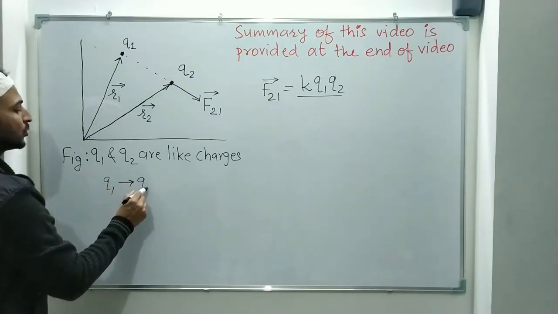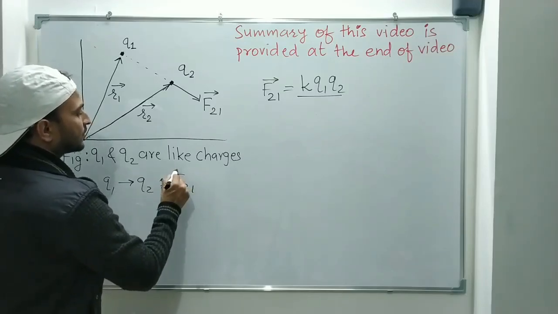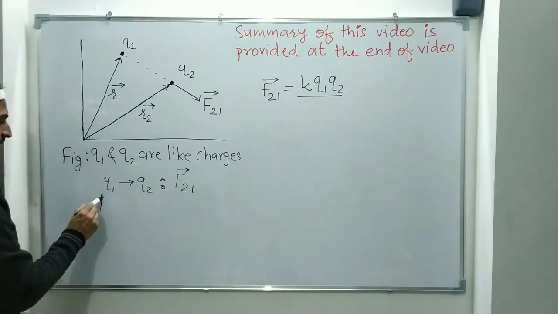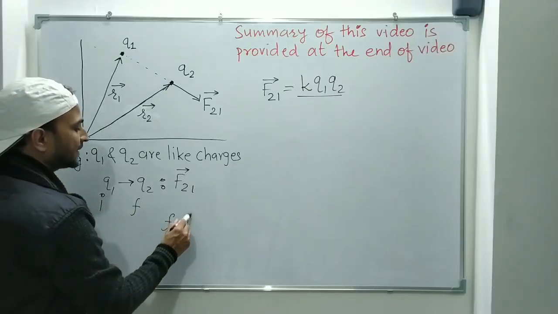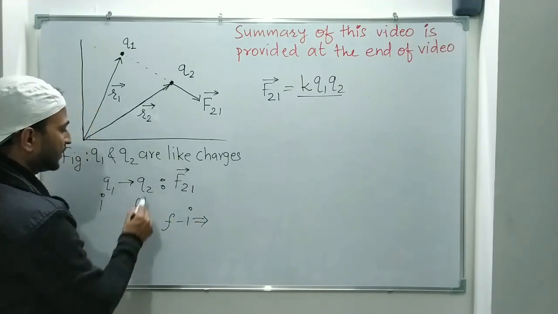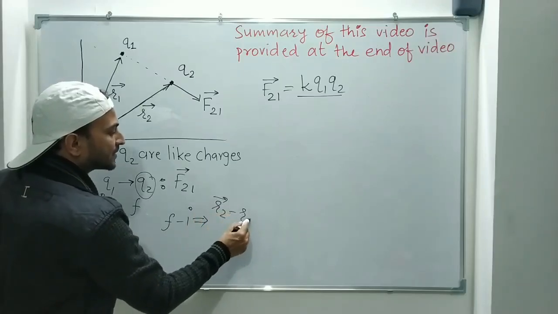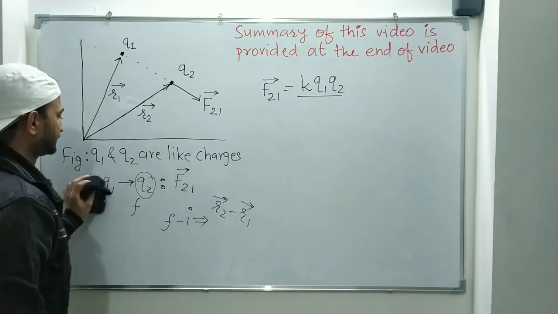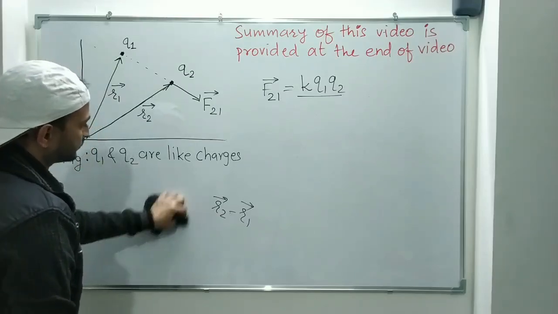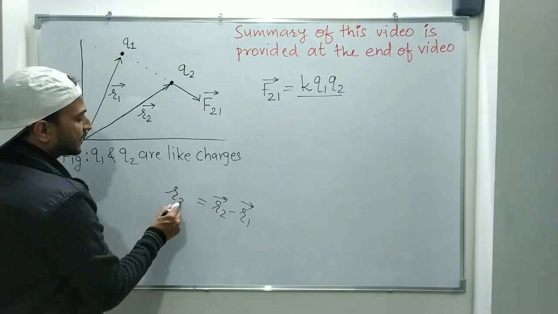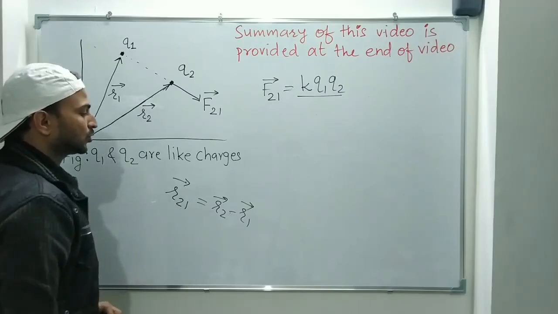Q1 to Q2 is the direction of the force on 2 because of 1. So this is initial and this is final. So final minus initial will be, this is final, R2 minus R1. And that becomes R21, the position vector of Q2 with respect to Q1.